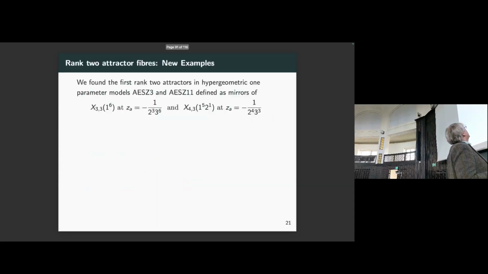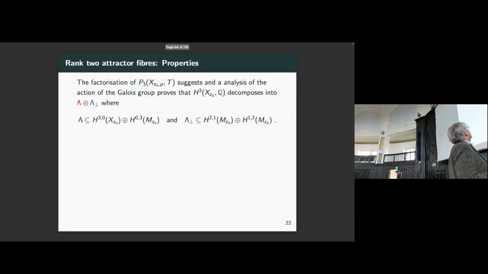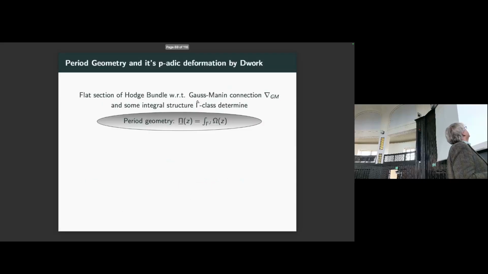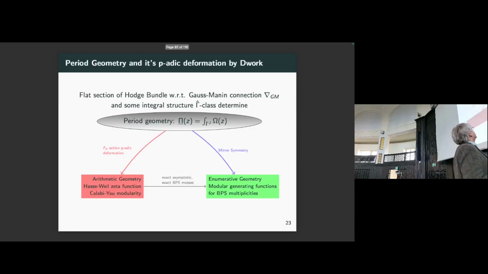But let me go to one slide that I like, which maybe gives you a certain overview. It's funny. You can calculate the periods p-adically, and by this p-adic calculation you get the Hasse-Weil zeta function. So you get the enumerative geometry completely from the periods, but you also get all the enumerative data completely from the periods.